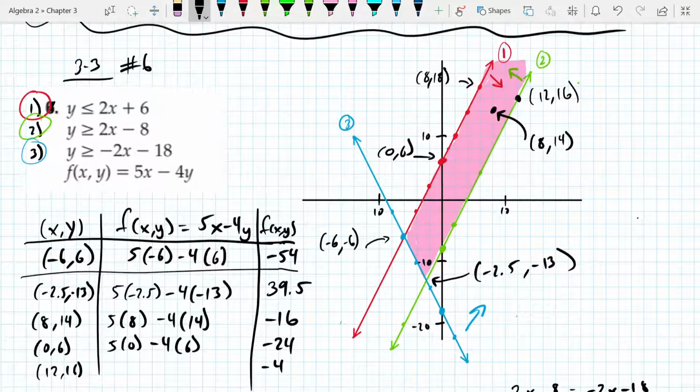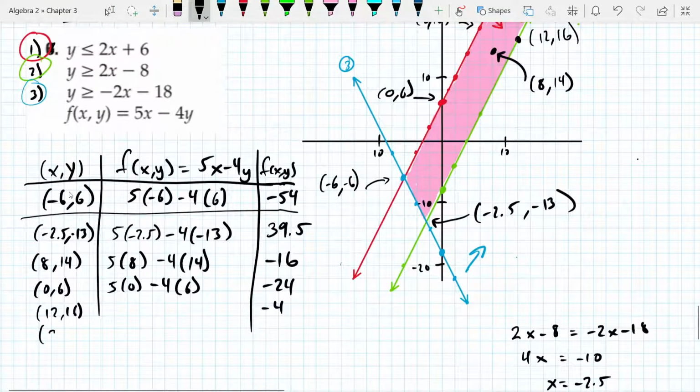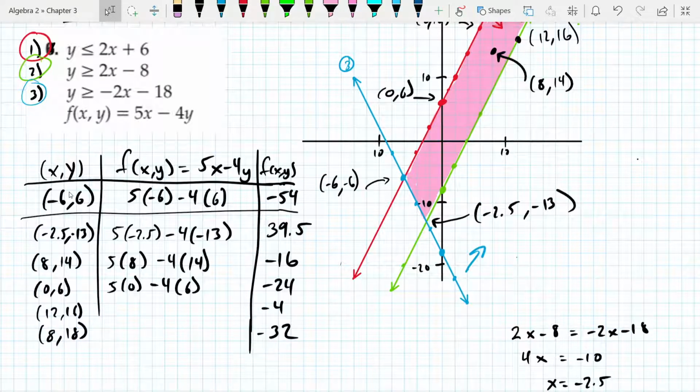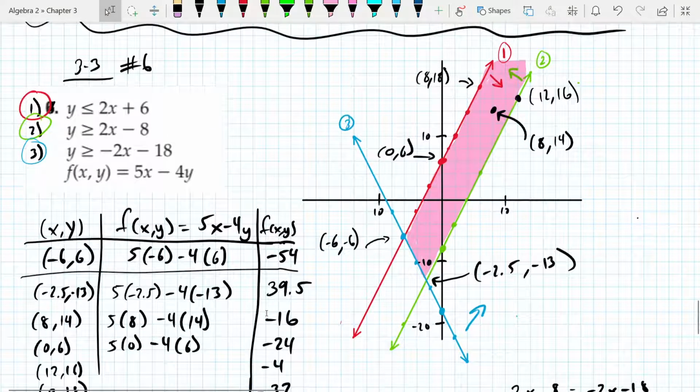And 8, 18 is a negative 32. So it's seeming like those might be good maximums and minimums. Though usually if it's unbounded, one of them comes out, because you could choose infinitely large numbers here.